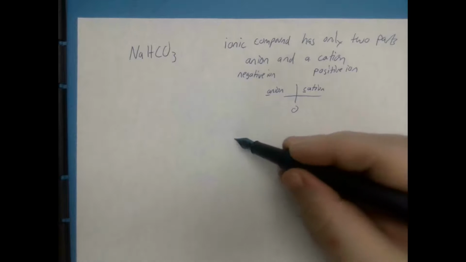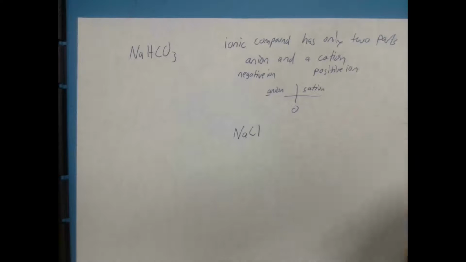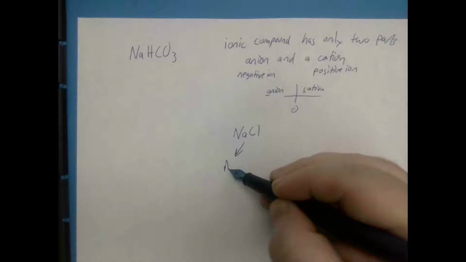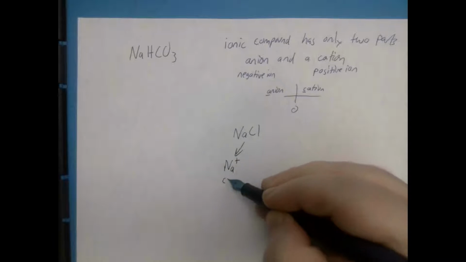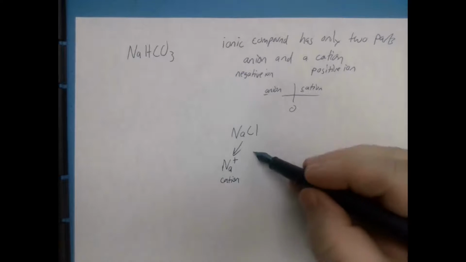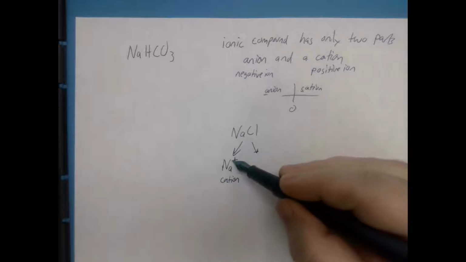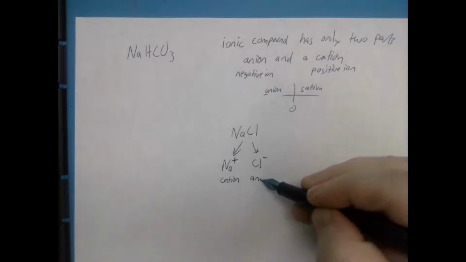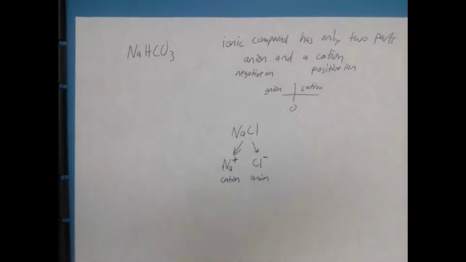So go back to salt. What is the anion and what is the cation? Salt is composed of the cation, sodium, which has a +1 charge, and chlorine, which is the anion, which has a negative charge.